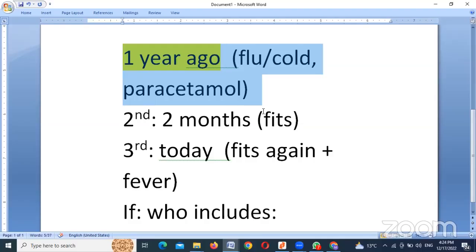If he's a doctor, he will get C plus. If he's a nurse, he will get C grade, okay? The reason is because you don't need to include this irrelevant visit.